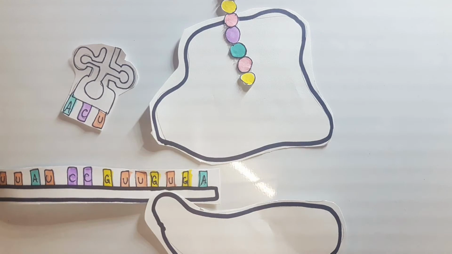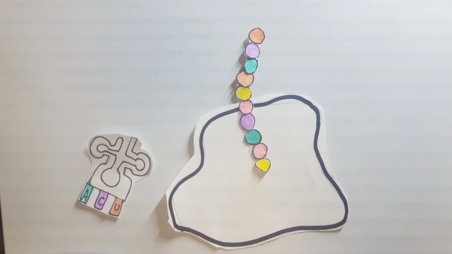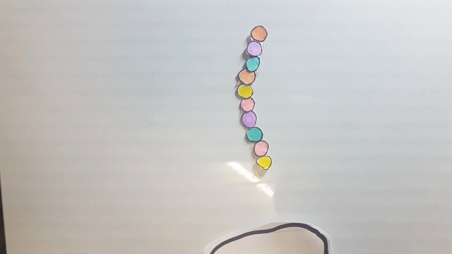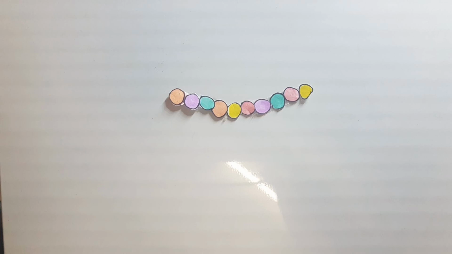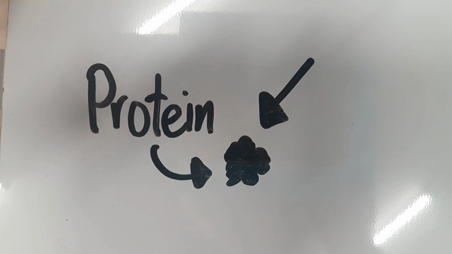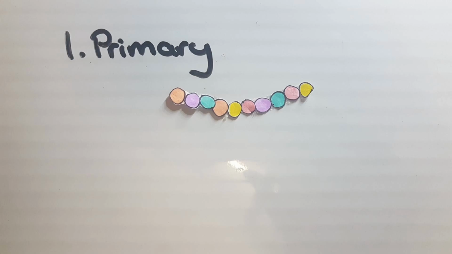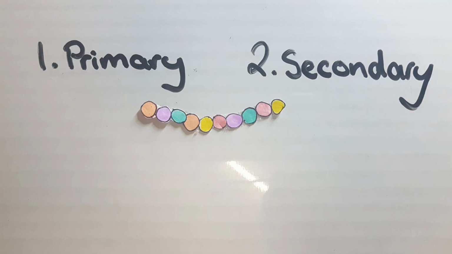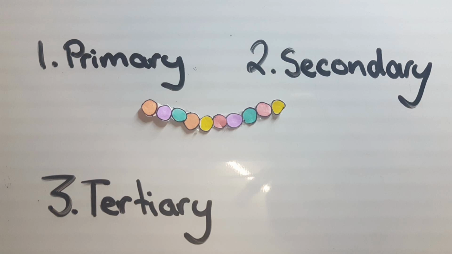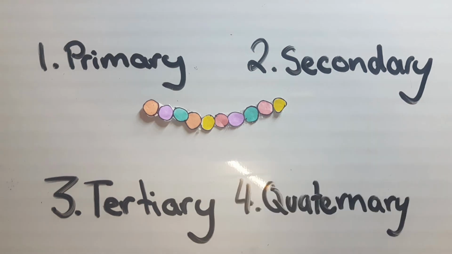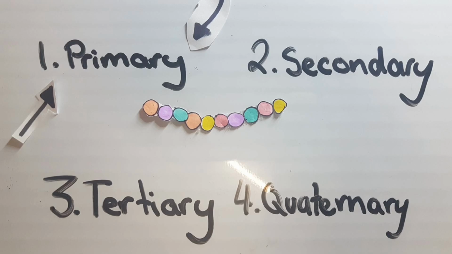When the last amino acid has been added, the polypeptide chain folds into a complex 3D shape, forming the final protein end product, which can be one of four things: primary structure, secondary structure, tertiary structure, and quaternary protein structure. Number 1. The primary structure.